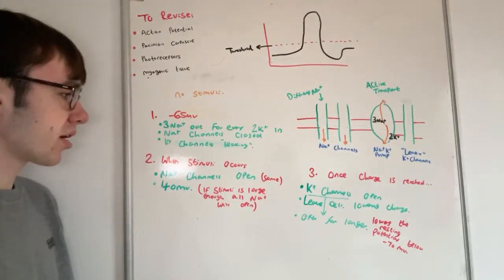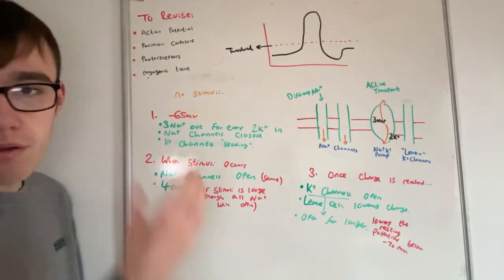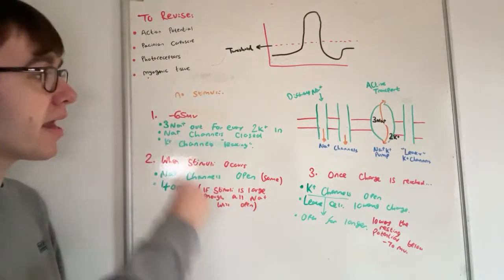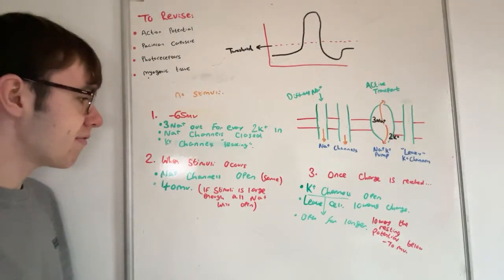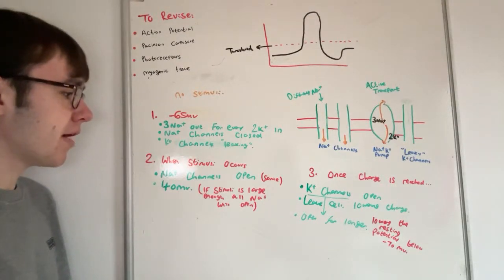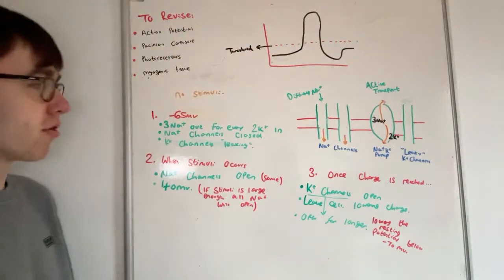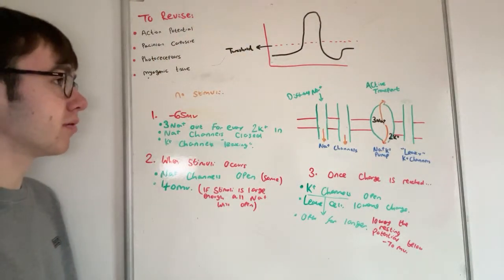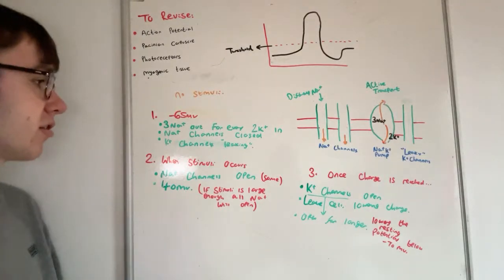When a stimuli occurs, some sodium channels are going to open, which causes sodium to diffuse into the cell down the concentration gradient. If a stimuli is large enough, then all sodium ion channels are going to open, which will of course cause a rapid depolarization, getting to 40 millivolt charge.